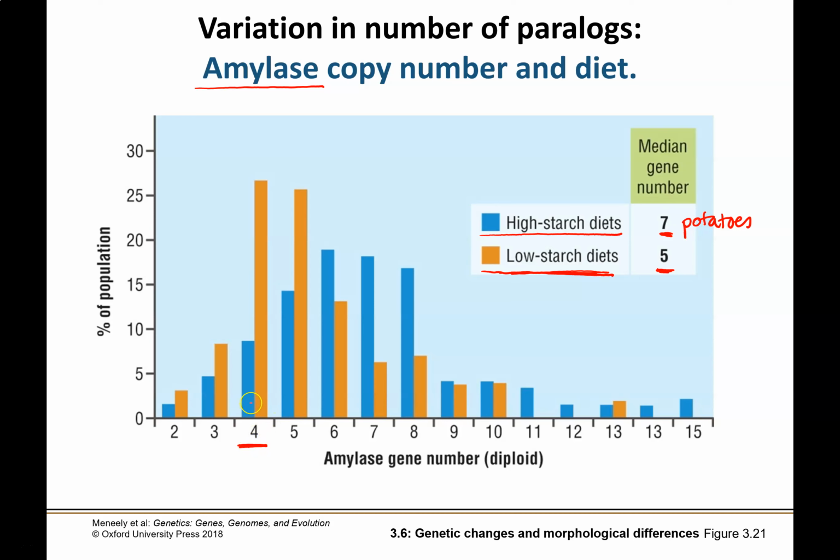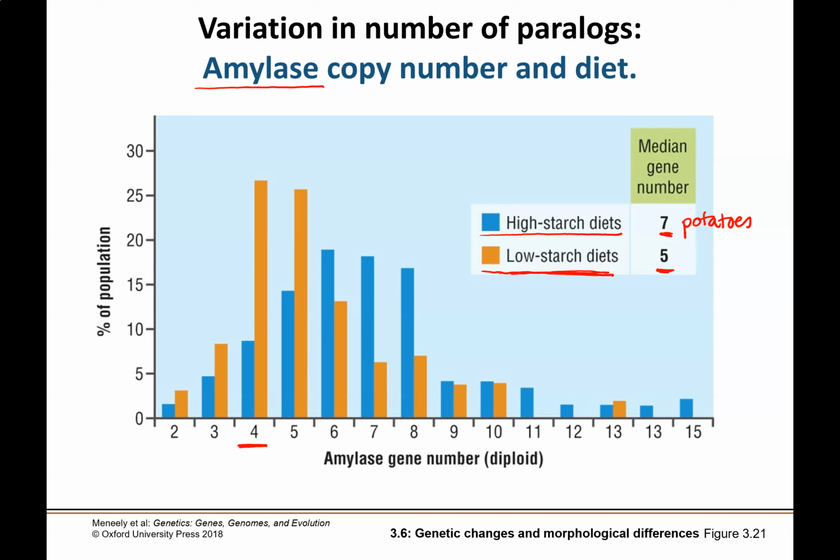But some individuals have more copies, and those individuals that come from populations with high starch diets actually have more copies of those genes. So an increase in the number of paralogs likely provided some sort of nutritional advantage for those individuals who were in areas where they had access to high starch diets.